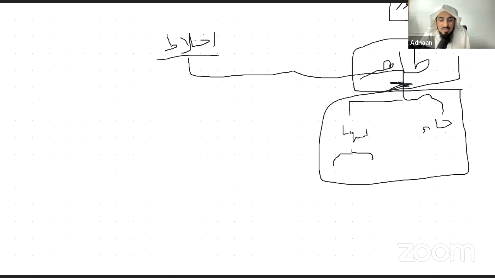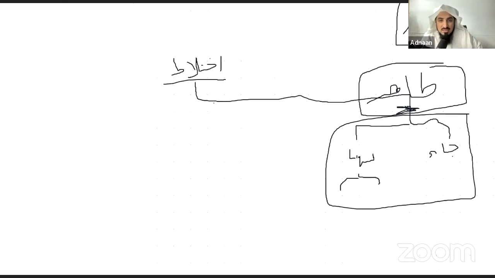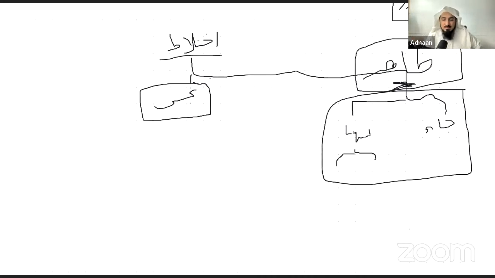Then today we're going to take if it's mixed with something which is najis. Najis is impurity. For example, let's say you've got a bucket of water and the child urinates in it.